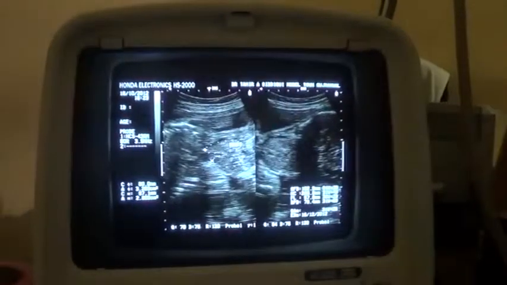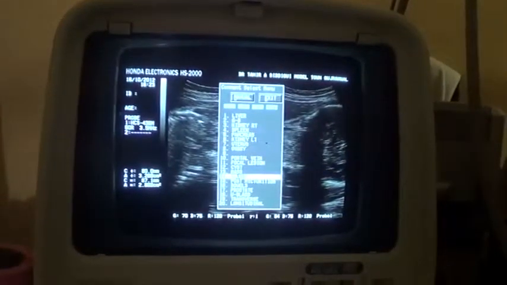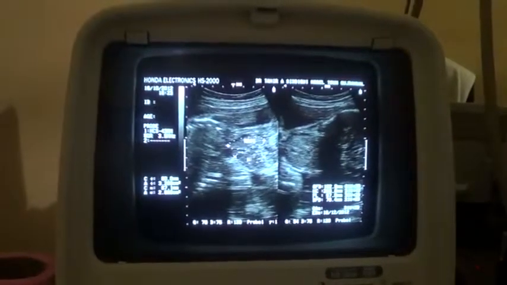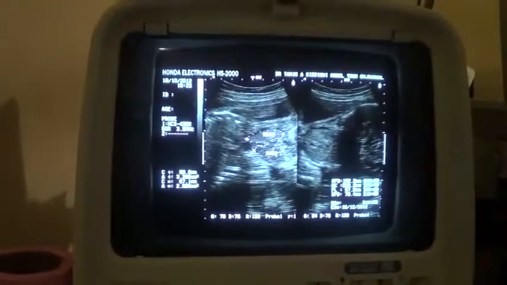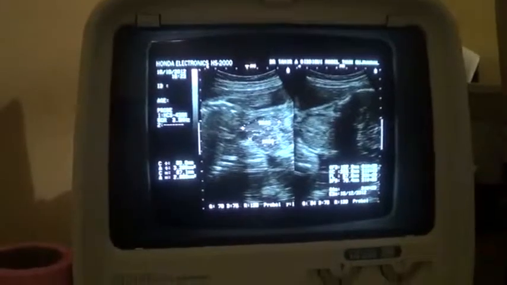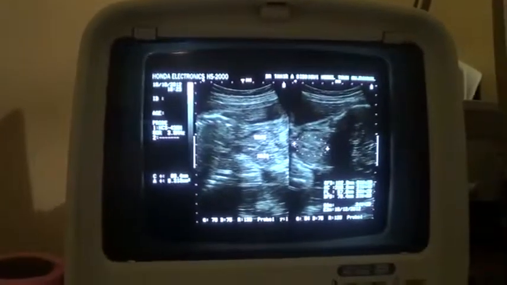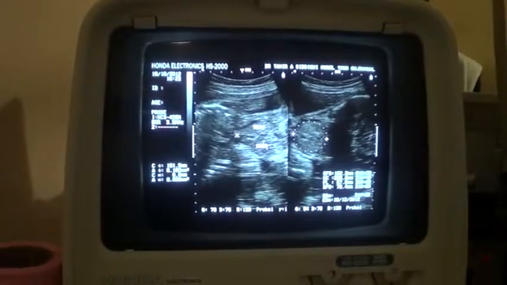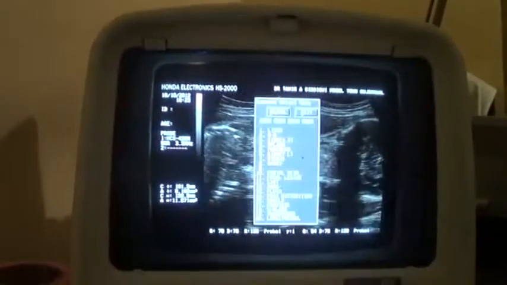So my finding will be a mass relating to the anterior portion of the neck, anterior neck region. Now this is the heart, this area.